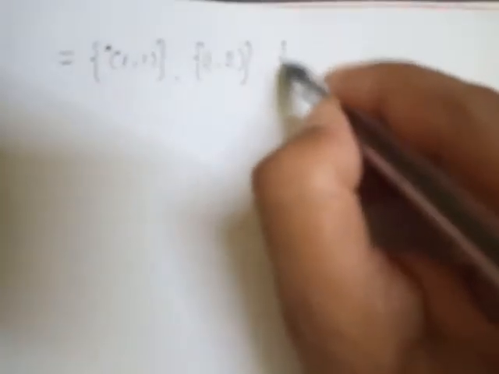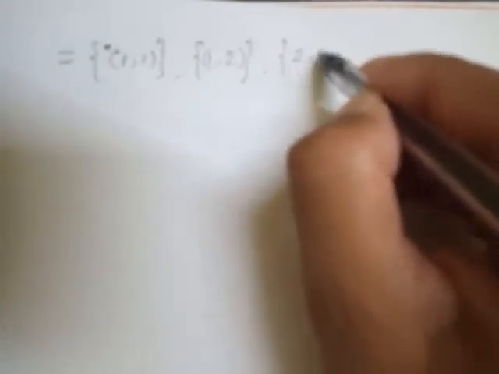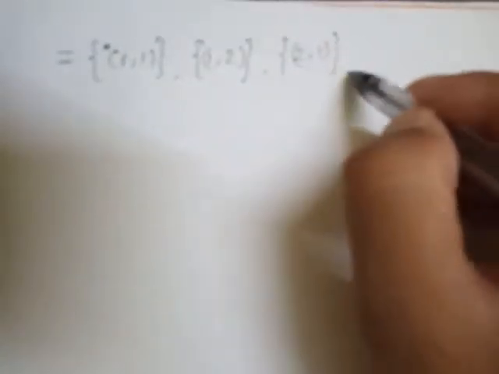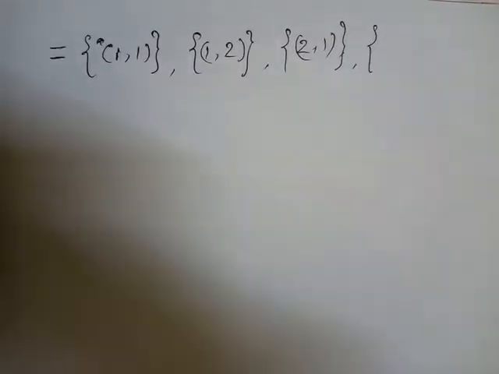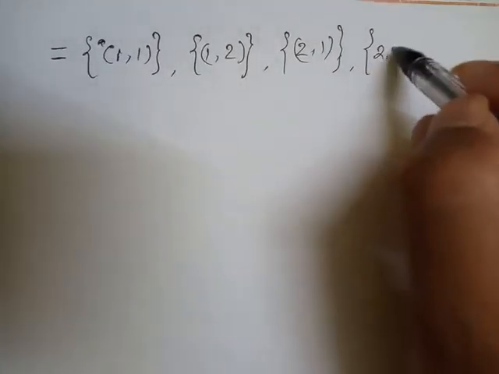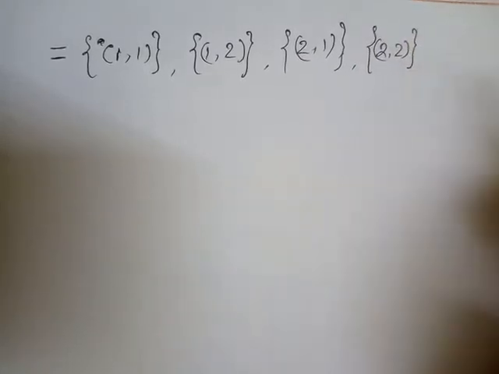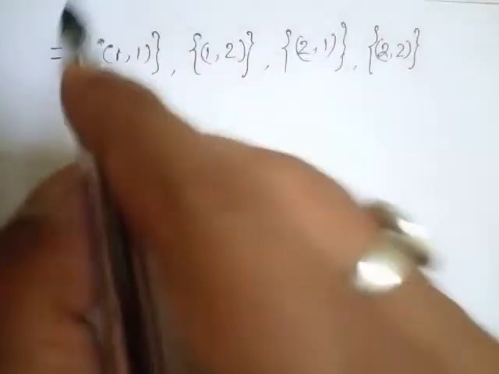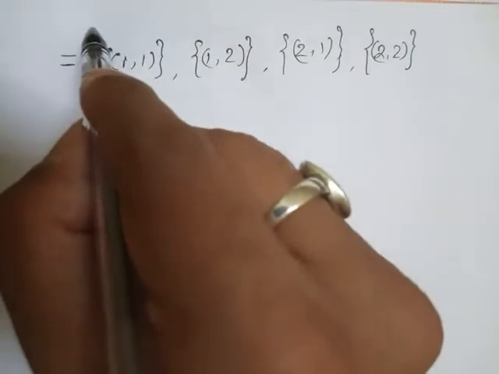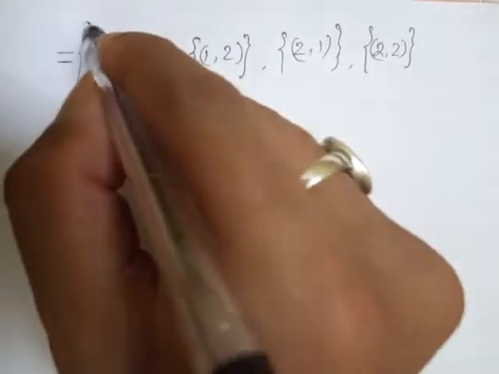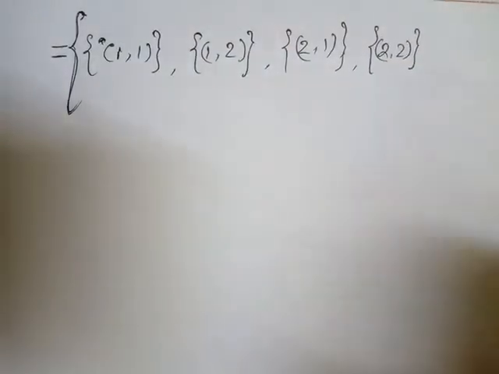Then third one is {(2, 1)}, and fourth one is {(2, 2)}. So these are the first 4 elements. Okay, now after that give your second bracket here.